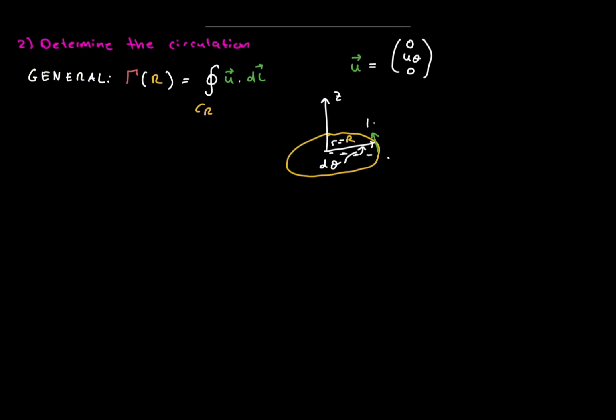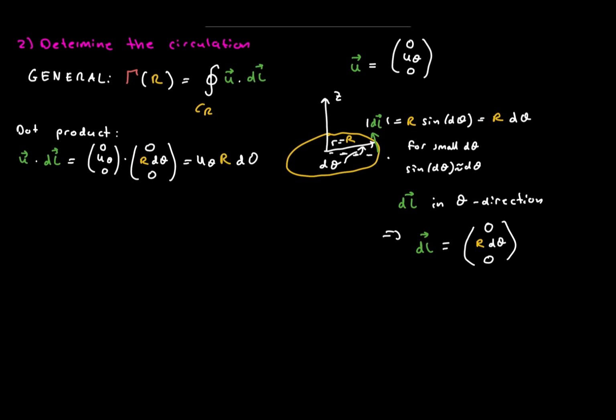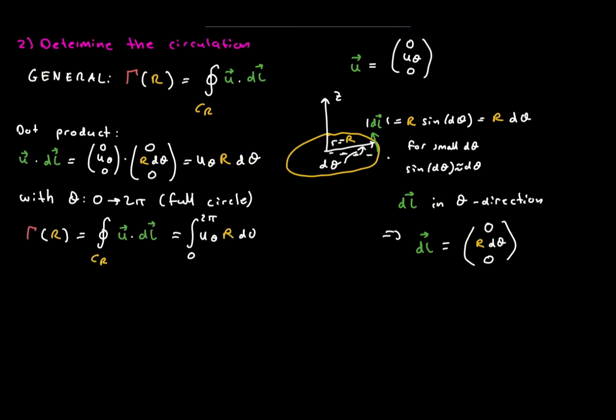The line element along the circle is r d theta in the theta direction. The dot product of velocity and the line element becomes u theta of r times r d theta. Therefore, the circulation equals the integral from 0 to 2 pi of u theta of r times r d theta.